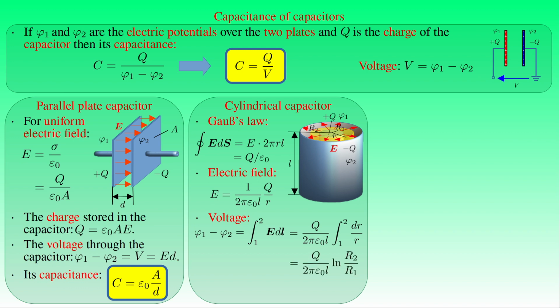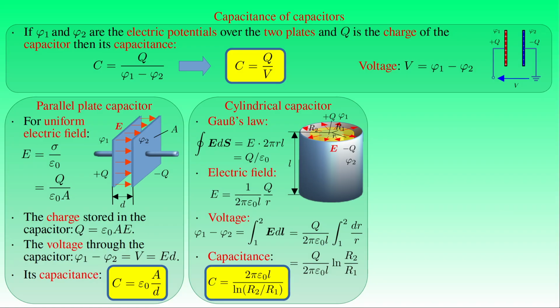By inserting this result into the capacitance formula, we can state that the capacitance C of a cylindrical conductor is equal to 2 pi times epsilon naught times its length L, over the natural logarithm of the ratio of the radius R2 to the radius R1 of its cylindrical surfaces. This formula also shows that the capacitance of a cylindrical capacitor depends on its geometry.